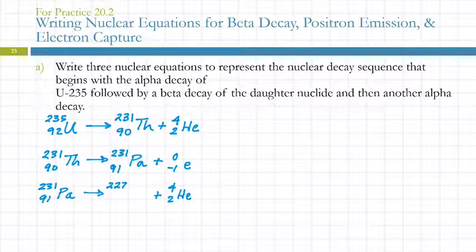Now, this kind of math you should be able to do in your head, but it's dumb to get it wrong on a test. You can use your calculator, it's okay. And here, 2 plus what is 91. It'll be 89. Look on a periodic table, 89 is AC.